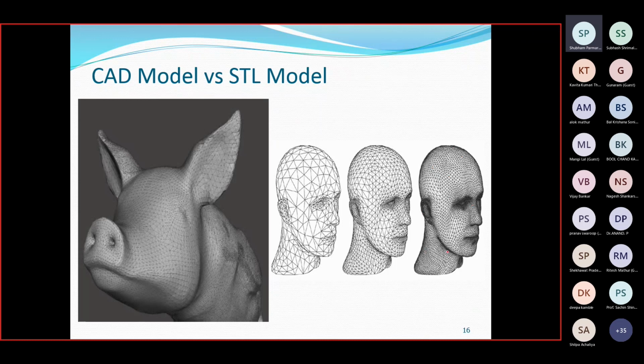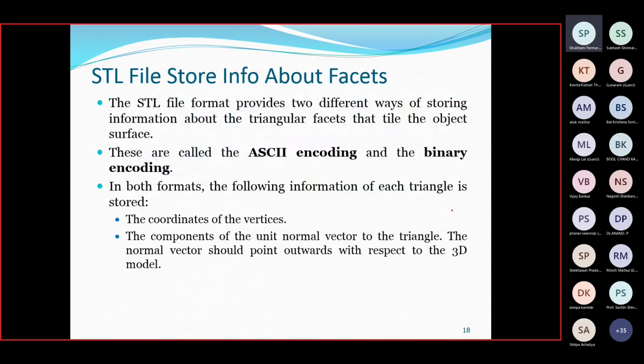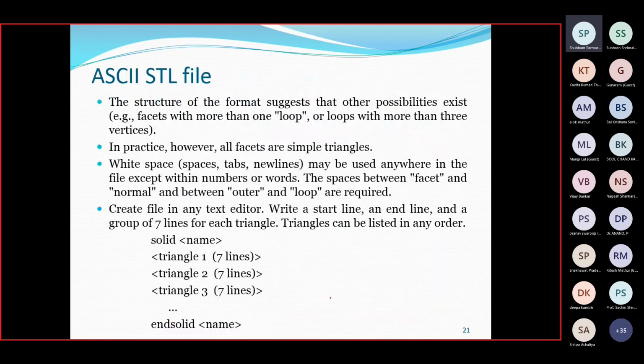When you start coding or providing the coordinates of all those triangles in an ASCII STL file, just think: 1 lakh triangles times 7 lines for each. So 7 lakh lines you have to provide, and you have to write that.